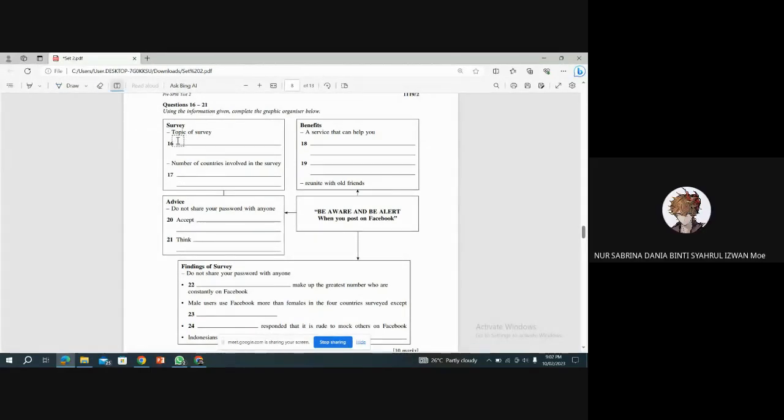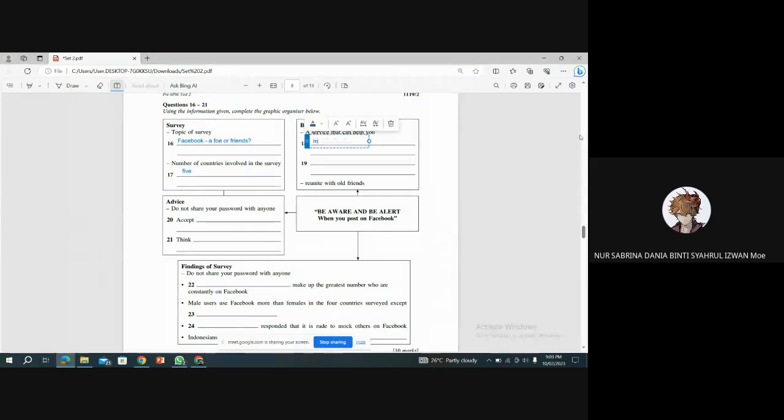Facebook, a foe or friend? For the number of countries involved in the survey, 5. 18, a service that can help you make new connections.